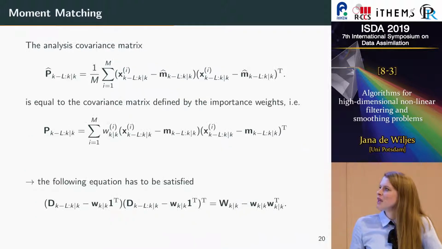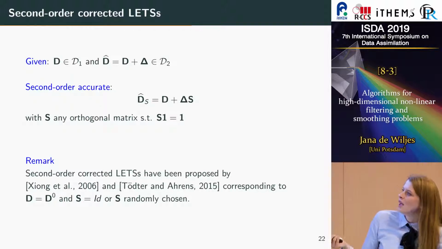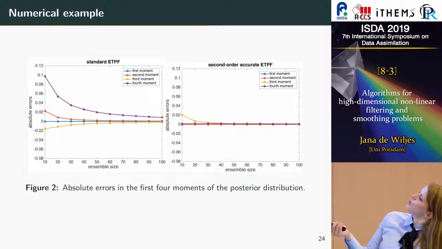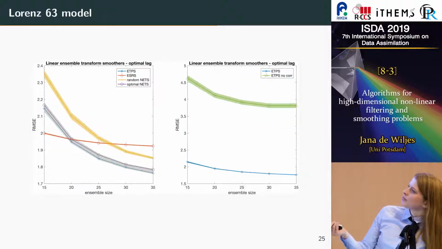Since I seem to be bad when it comes to time, you do this update by adding a correction term, just like you would do in rejuvenation. Let me just show you some results. It actually works really nicely. It does not only improve the first two moments, but it also improves the other moments.